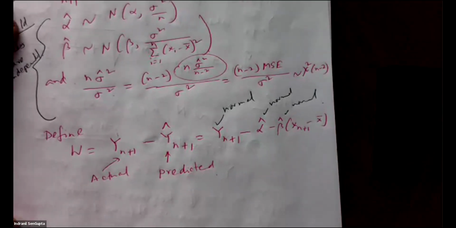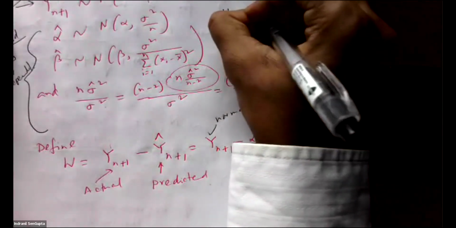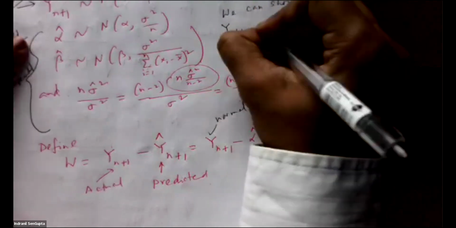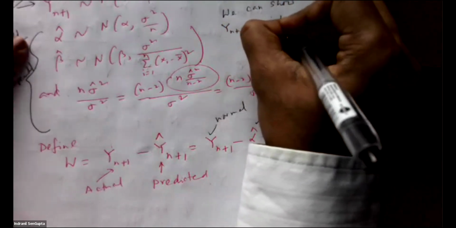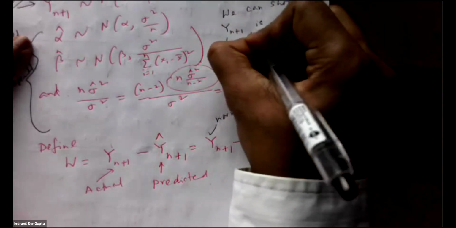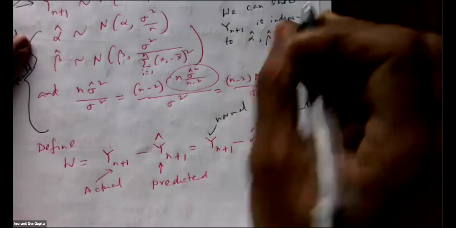By the way, I'm assuming that we can show this y of n plus 1 is independent of alpha hat, beta hat, and n sigma hat squared over sigma squared. Why?